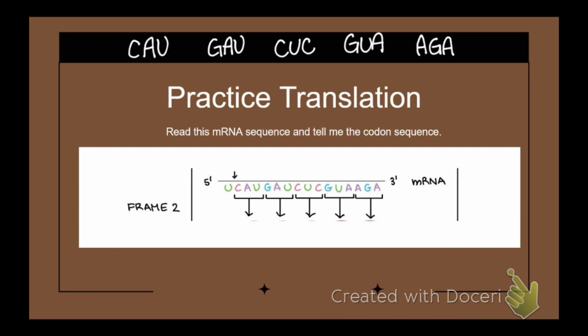Use your codon wheel and your codon square to figure out these amino acids.